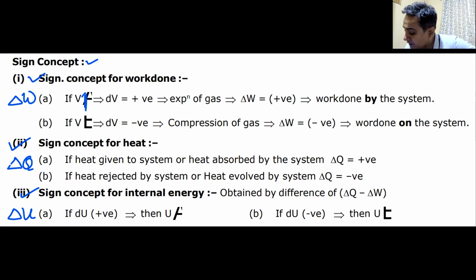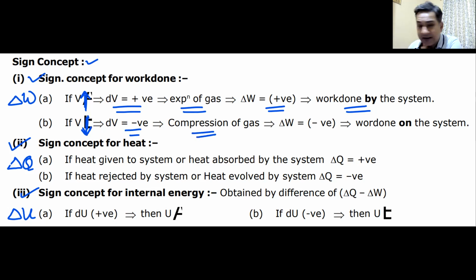If volume increases, that is change in volume is positive, that means it is expansion of gas, that is work is done by the gas, work done is taken as positive. If volume is decreasing, that means change in volume is negative, that means the gas is getting compressed, that is work is done on the system, work done is taken as negative. Do we understand this?